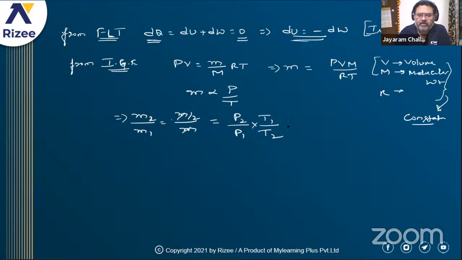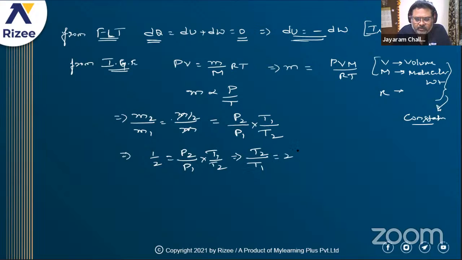So 1 by 2 is equal to P2 by P1 into the temperature relationship T1 by T2. From here you can say that P2 by P1 is equal to 2 times, or you can write it in an inverse case. According to the situation, we can alter this one.